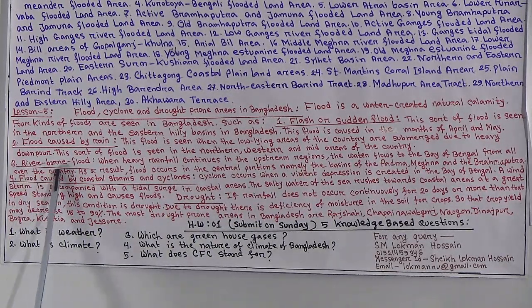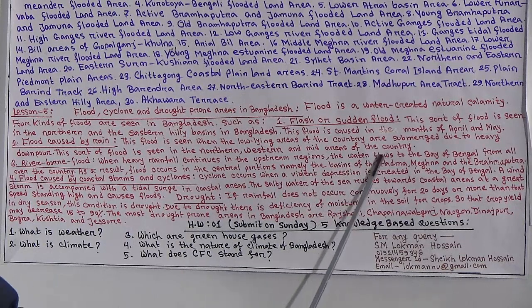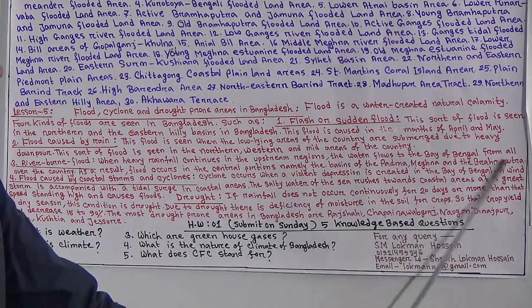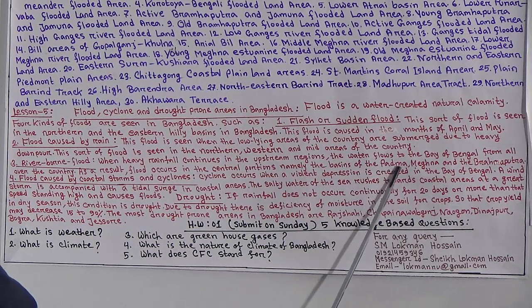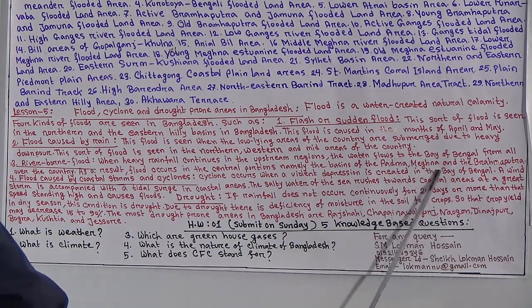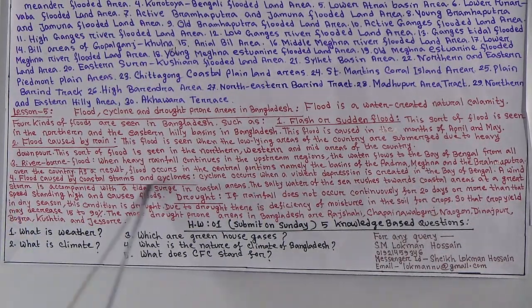Number 3, river-borne flood. When heavy rainfall continues in the upstream regions, the water flows to the Bay of Bengal from all over the country. As a result, flood occurs in the central portions, namely the basins of Padma, Meghna and the Brahmaputra.